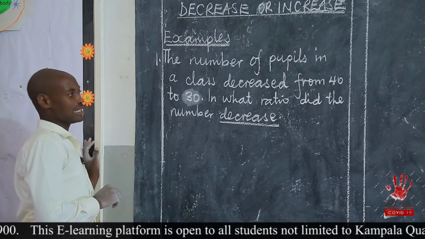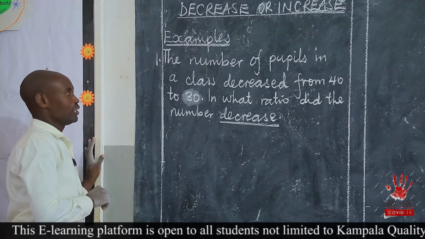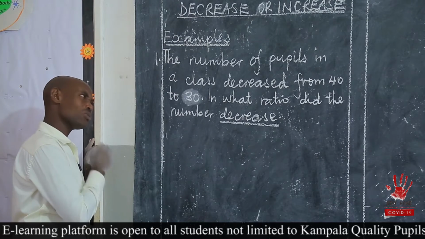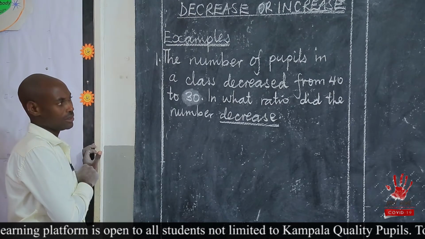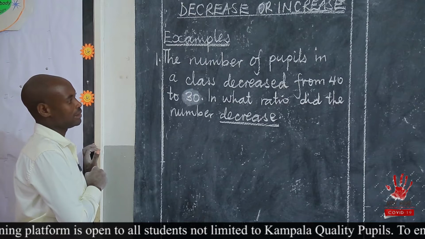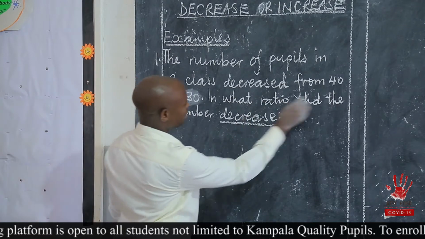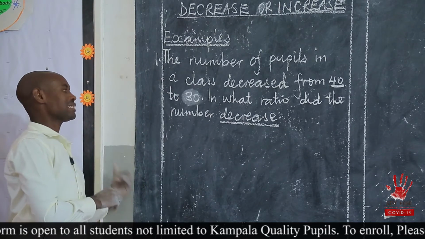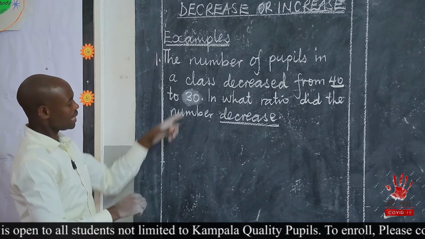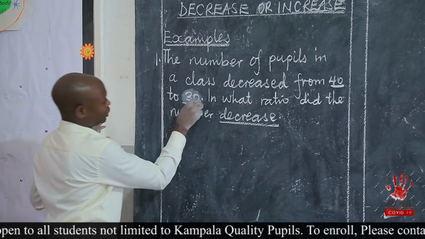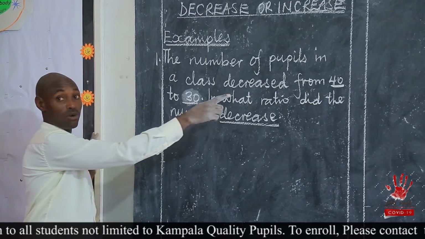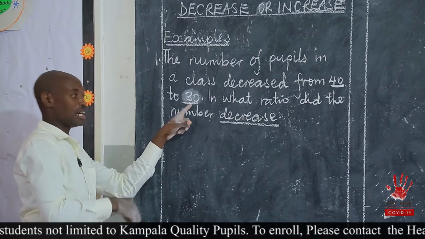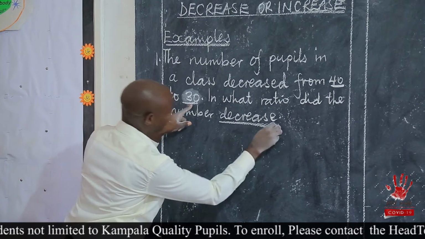So how do we get the ratio of decrease? You are supposed to read the question and understand. What was the original number? We can see that the original number was 40. The number has now reduced to what? 30. So 40 becomes the original number and 30 becomes the new number after decrease.